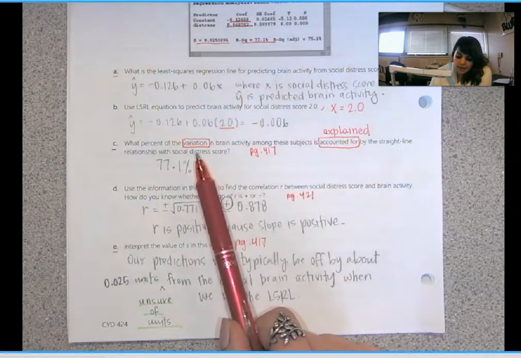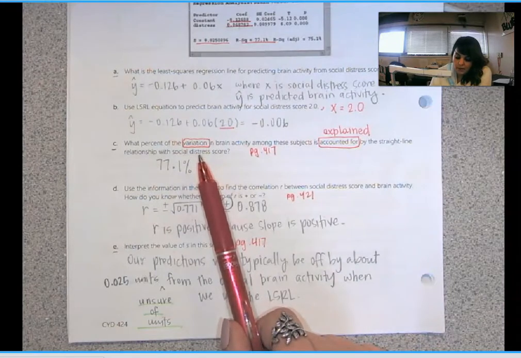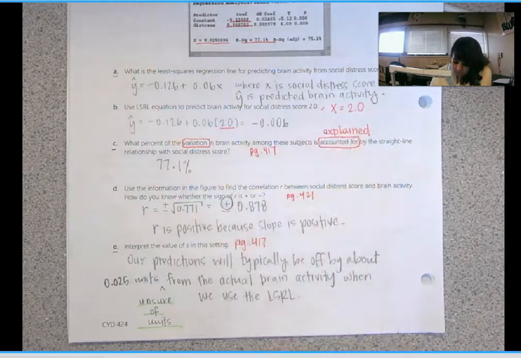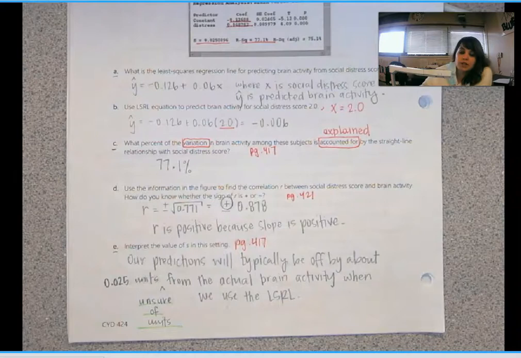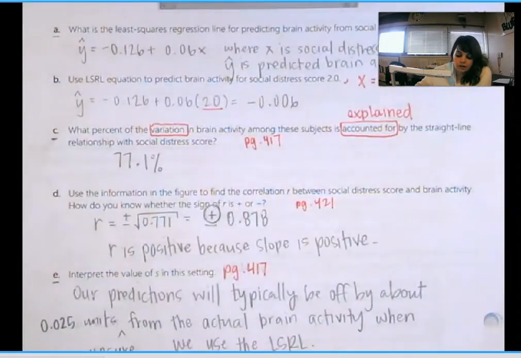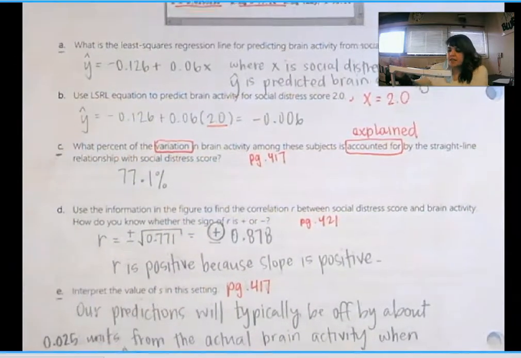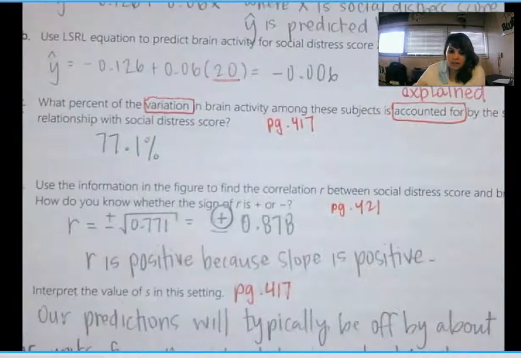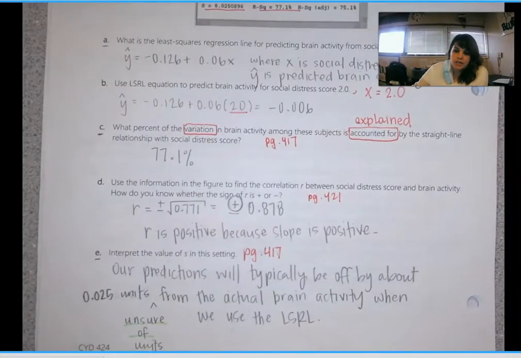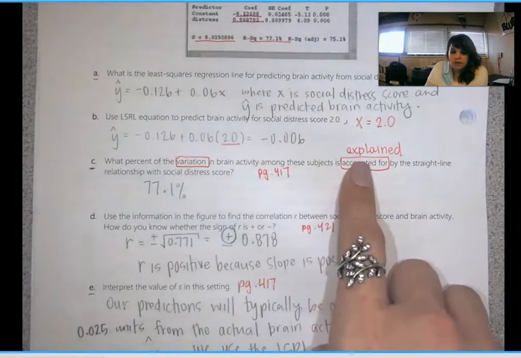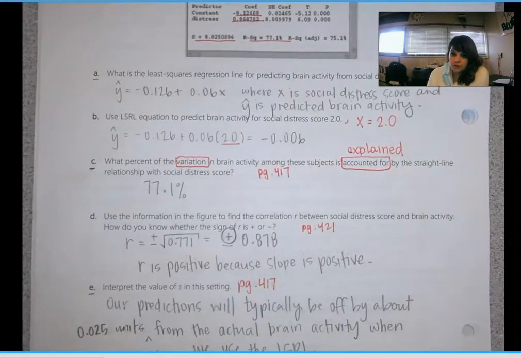This is asking about the amount or percent of variation that is accounted for or explained by the linear relationship between the 2 variables. One thing that I added here in red is that whenever you see the word variation, or you see explained by or accounted for, that's usually always referring to r squared.